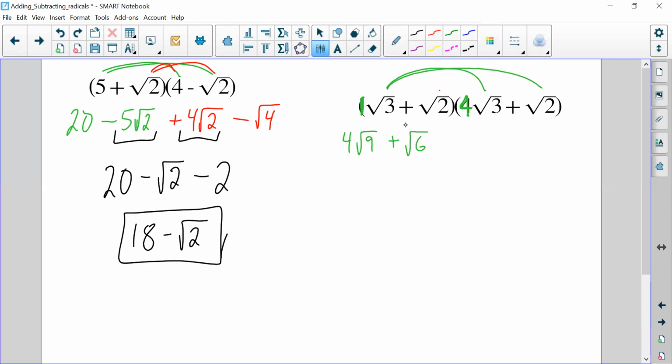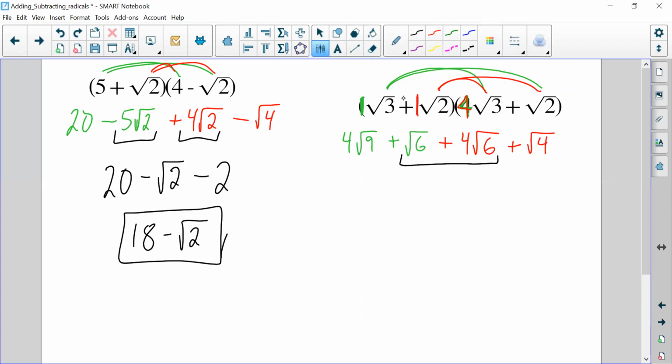And then I've got rad 2 times rad 3. There's a 1 in front of that rad 2. It's 1 rad 2 times 4 rad 3. So the 1 times 4 gives me 4. Rad 2 times rad 3 gives me 6. 1 rad 2 times 1 rad 2 is 1 rad 4. And I got a whole bunch of stuff to combine.